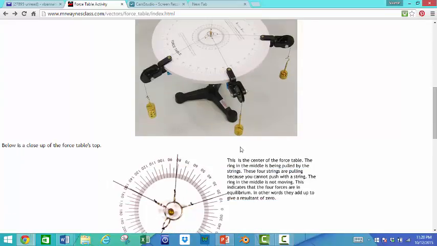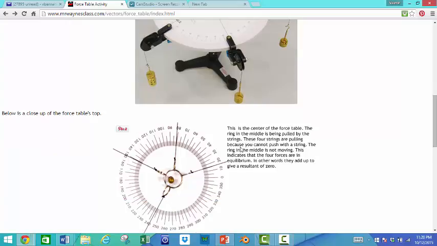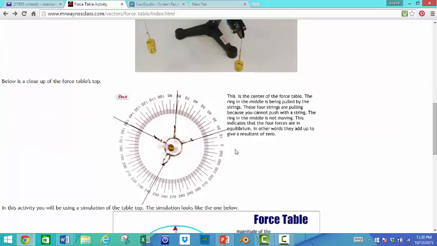Okay, so let's take a closer look at the top view of this. If we look straight down, we notice this is 0 degrees, 10, 20, all the way around. This is 90, all the way around, 180, 270, and then back up to 360 or 0 degrees.